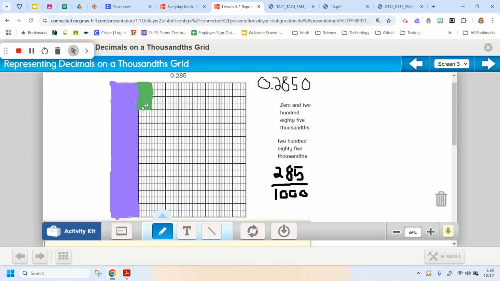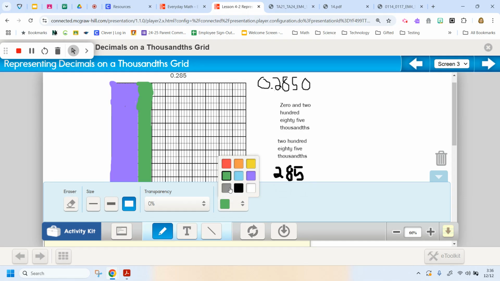So I'm just going to go down and say, as long as there are 2 not shaded, then that means I have 8. And this is also where I go back and recount to make sure that I shaded the right amount. So we have 8 hundredths shaded in. So shade in 8 hundredths.